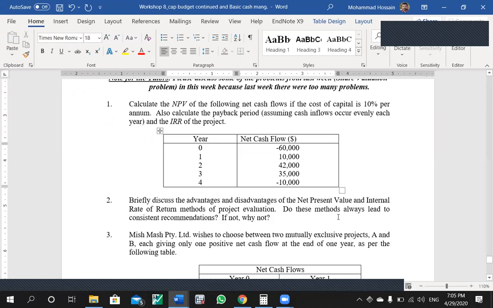All right, let's do this one. For the payback period, how much will you pay back? Let's start with the easiest one.